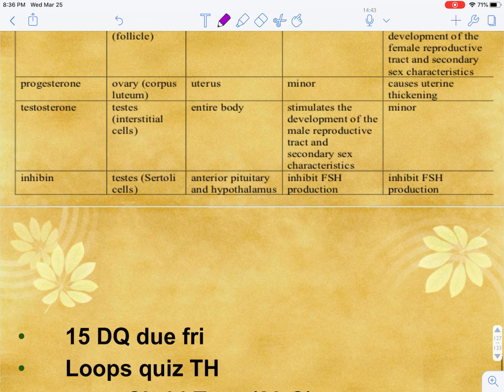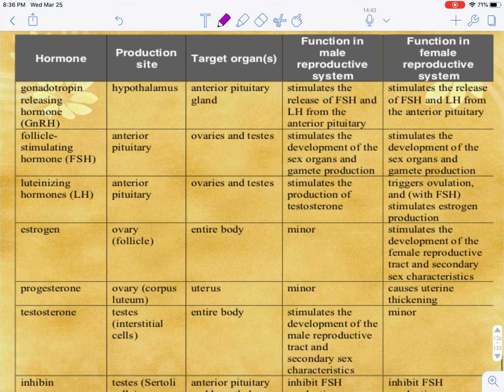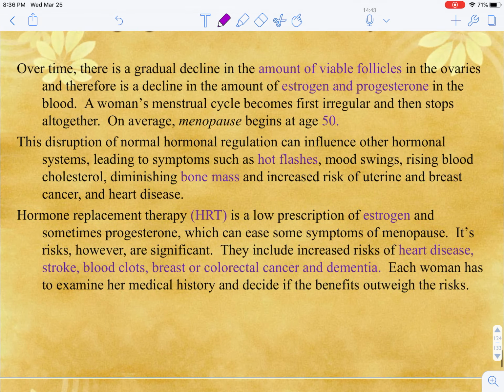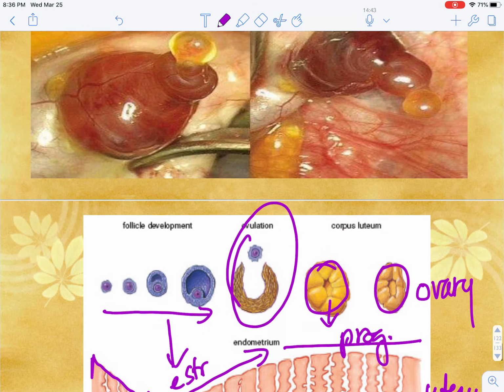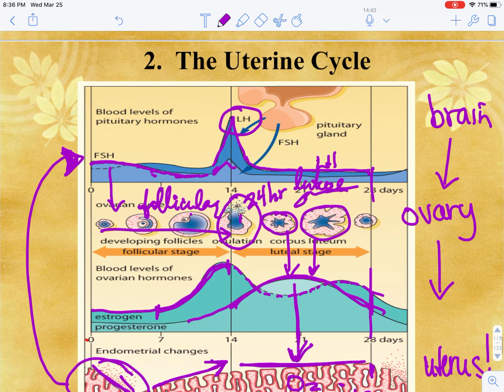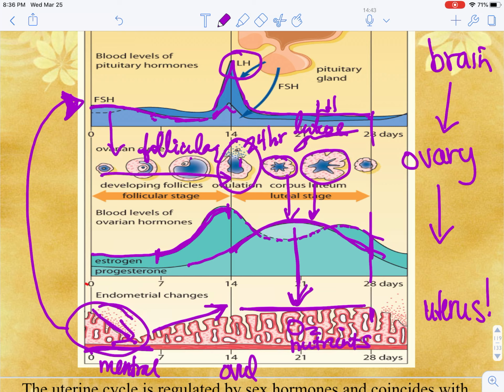All right, so important, I guess, to just make sure that both feedback loops are familiar to you, that the female cycle makes sense to you in terms of how the brain causes the ovary to develop an egg, release an egg, and the leftover follicular cells, what their job is.